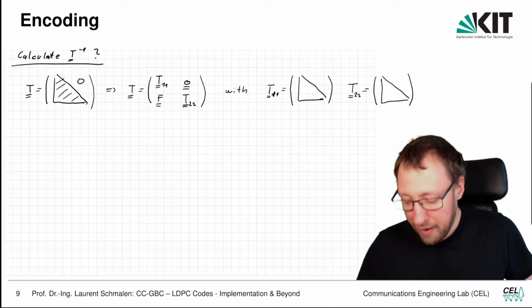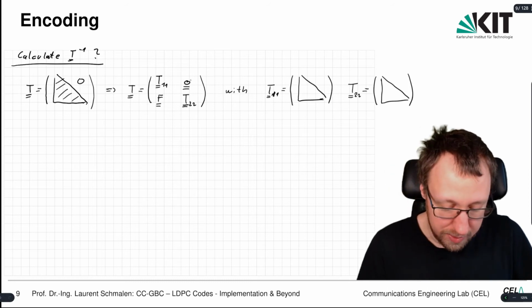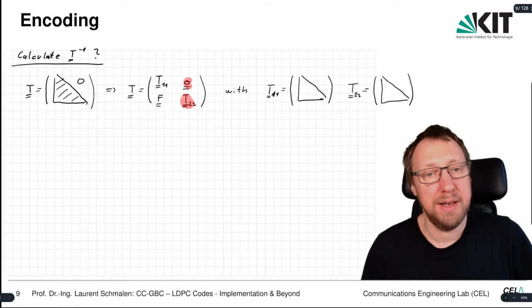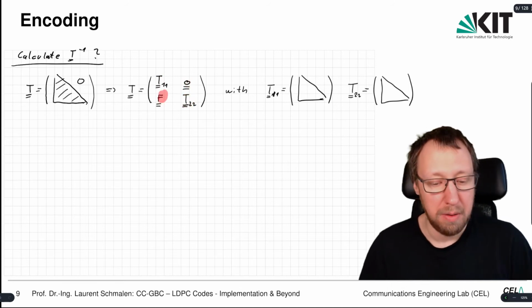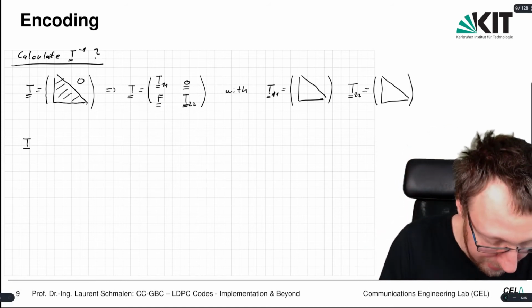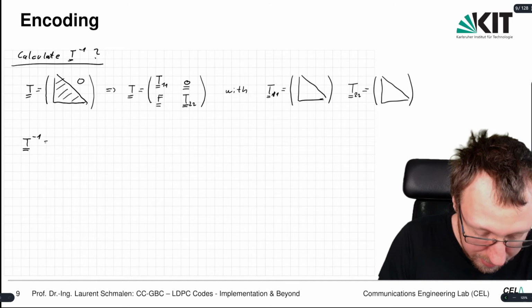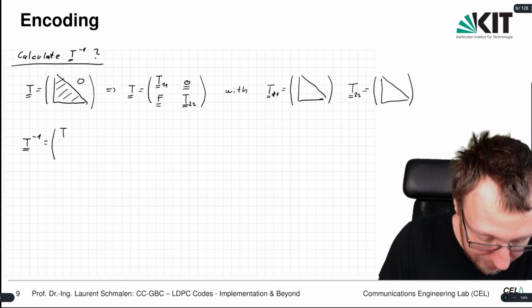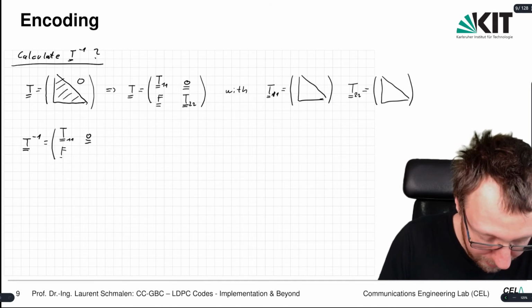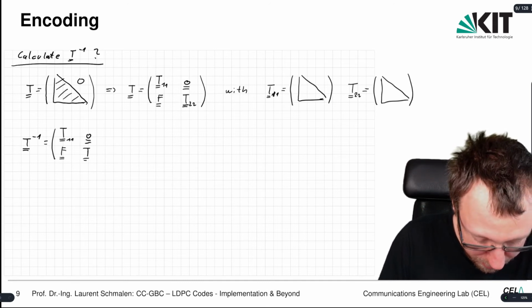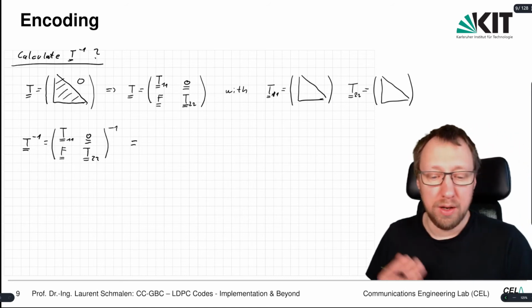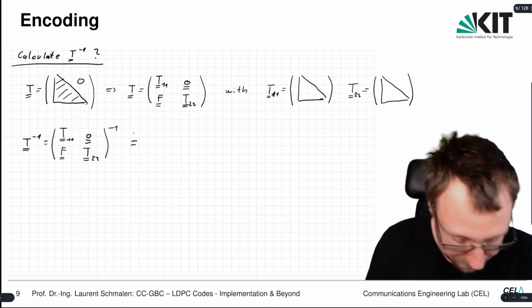So we can subdivide T into a block structure with two lower diagonal matrices, a 0 matrix and some matrix F. Now we can calculate the inverse of T. The inverse of T is just this matrix, T11, 0, F, T22, inverse. And now we can apply something that is called the block inversion lemma.